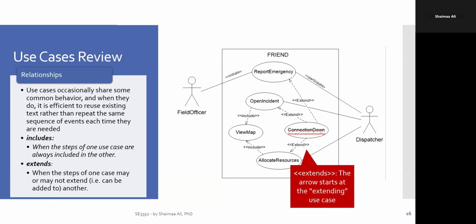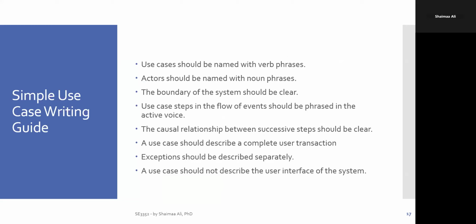So that's pretty much what summarizes the use case and the use case model. Now there are some recommendations you are probably familiar with: the name of the use case should be a verb because it describes an action, and the actors are named by nouns. The boundary should be clear. So the examples that you're going to see on the internet that don't have the boundary are not correct.